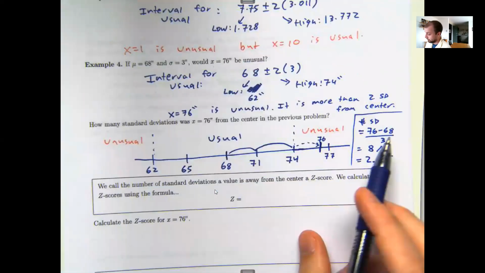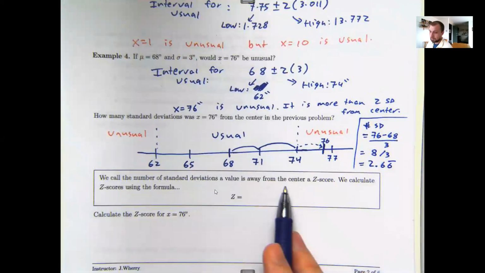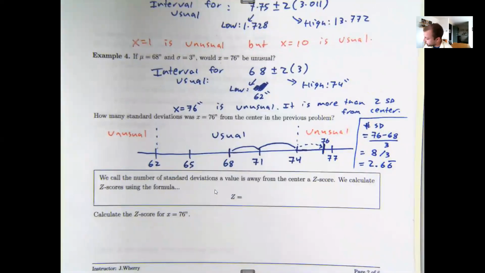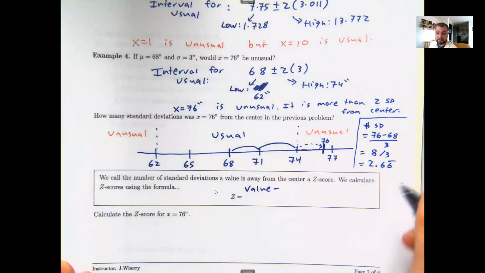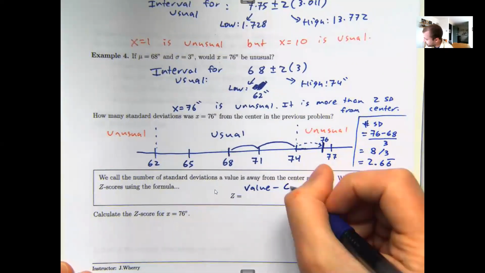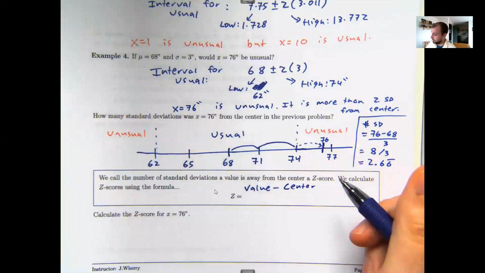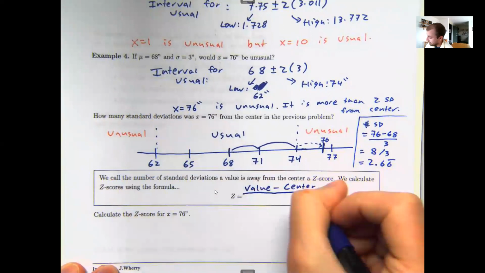So the technical term: we call the number of standard deviations a value is away from a center a z-score. The way we calculate a z-score is we take the value, in this case 76, the value that we're trying to see if it's usual or unusual. We subtract the center of the graph, the basis of this interval, and divide by the thing I'm counting by.